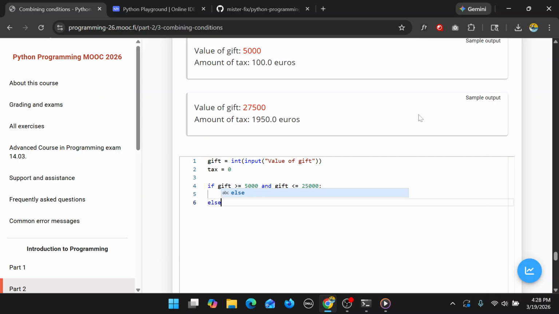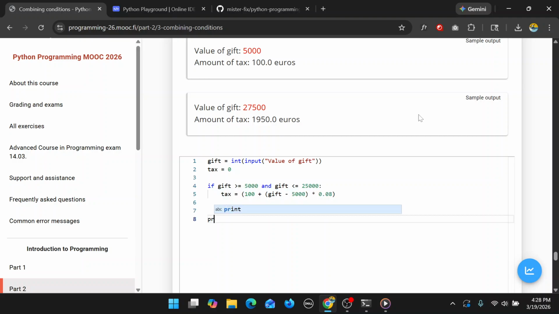And then here, all the way at the bottom, we're just going to write else, tax is equal to... it should be print tax should equal 0. Actually, no, that's not true.